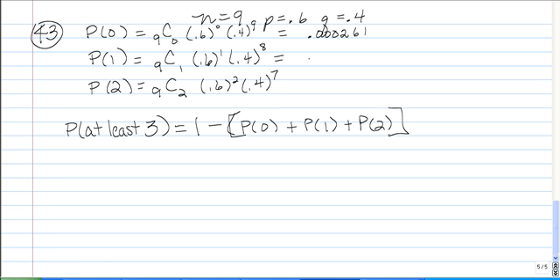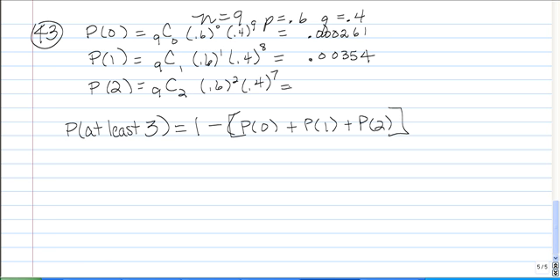It's going to give us 0.0354 if I round it off. I am rounding here, which is not always the best thing to do, but anyway.